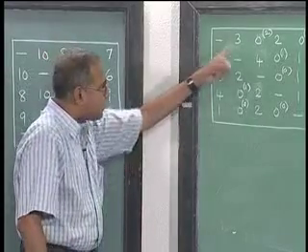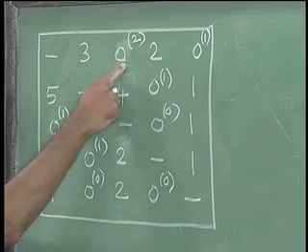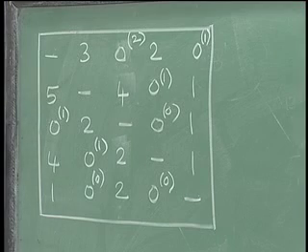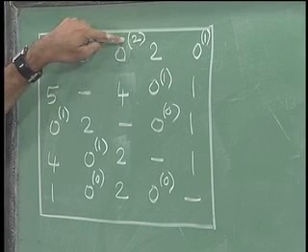Therefore, we look at that 0 which has the highest penalty, and in this example it turns out to be 1 3. Now, this 0 which has the highest penalty should be the first one that we would try to assign, because by not assigning here we incur the maximum total penalty of 2.